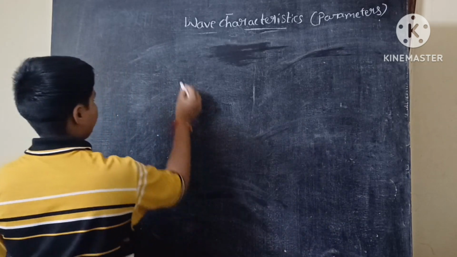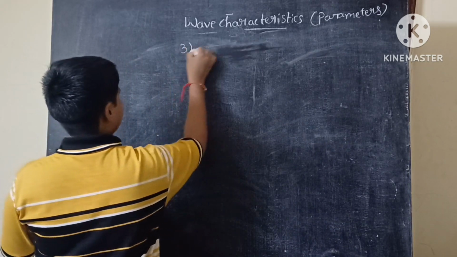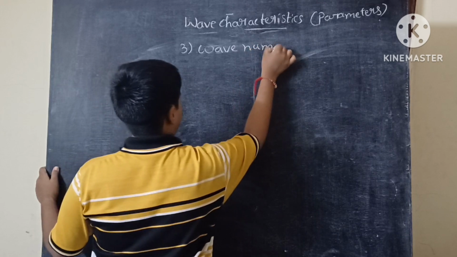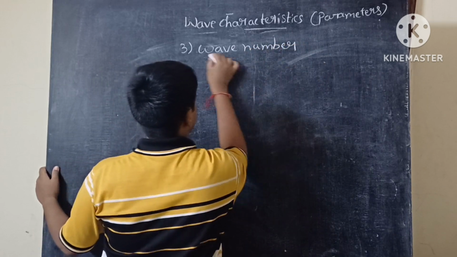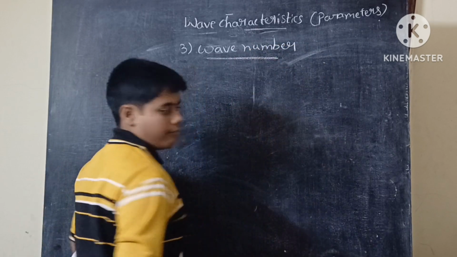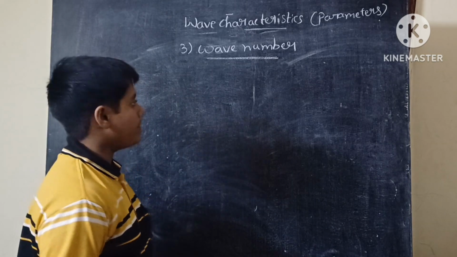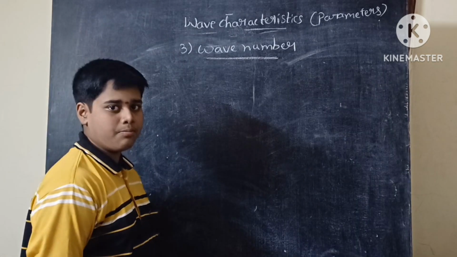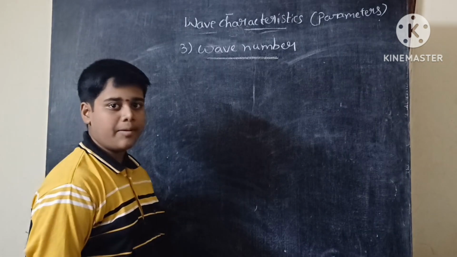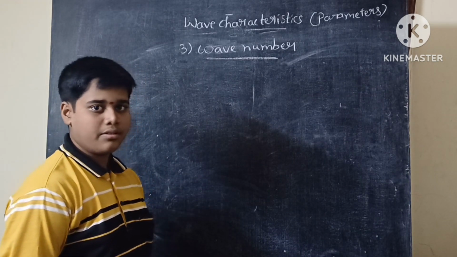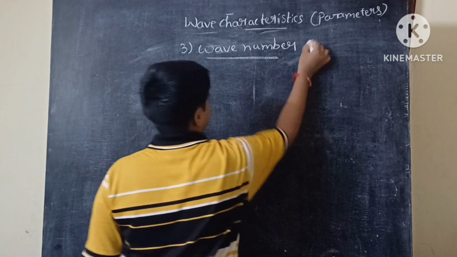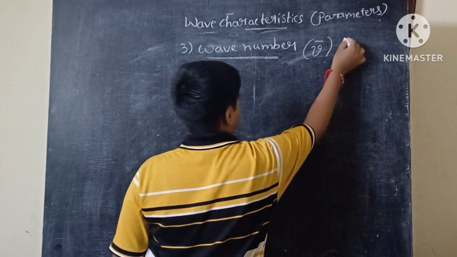And the next one, wave number. Wave number means the number of cycles per unit length. Of course, frequency and wave number are not the same. Wave number is denoted by nu bar.